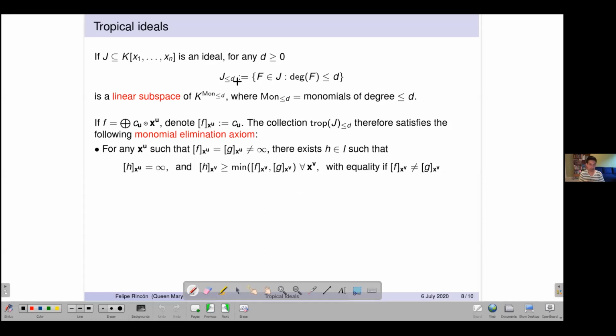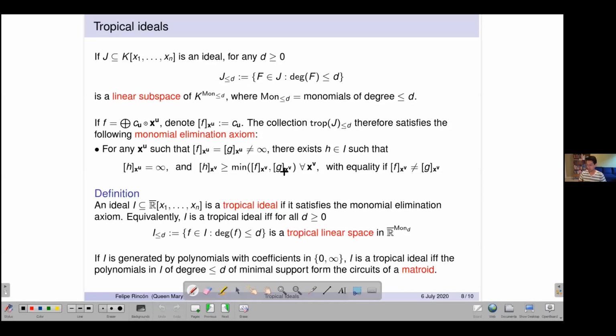And if it's a homogeneous ideal, then you also don't need to require it, because if they don't have the same degree, then they don't have any common monomial. So this is one way of saying that the collection of the tropicalizations of the polynomials you have is a tropical linear space, this kind of object that we like a lot in tropical geometry.